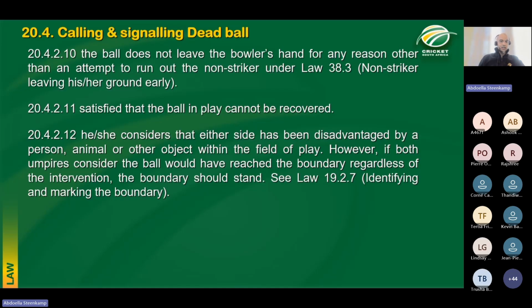So if you see a dog running onto the field of play, dog stopping the ball, fielder picks it up, might throw to the keeper, might run out one of the batters. That's an example of the batting side being disadvantaged by the dog touching the ball. Law gives you the power to intervene by calling and signaling dead ball as soon as that dog touches the ball. But it's a judgment call.